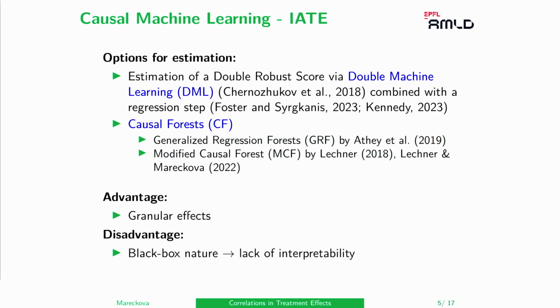Once we have these robust scores, we can regress them on the X, and this then yields the individualized average treatment effect. Alternatively, we can use causal forests, which are specifically tweaked to yield final leaves on which we can then produce results that can also be used for the estimation of the individualized average treatment effect. Among causal forests, there are 2 methods currently available: the generalized random forest by Athey and others, and an alternative, the modified causal forest introduced by Lechner and further developed in the second paper.